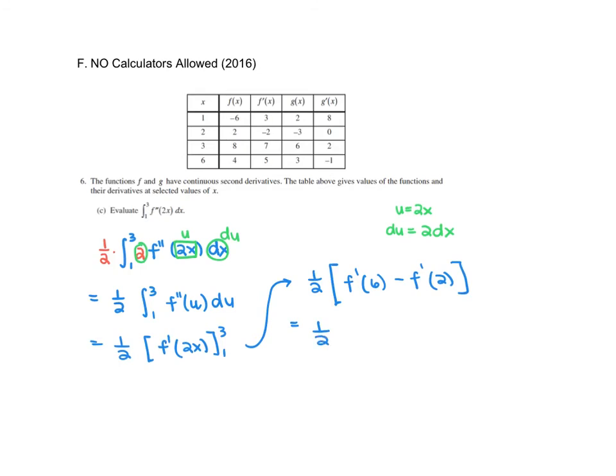So we have f prime of 6, when x is 6, f prime is 5, minus when x is 2, f prime is negative 2. So again, once you evaluate each component, it's perfectly okay to leave your answer unsimplified. Okay? If you do want to simplify, the answer is 7 out of 2.